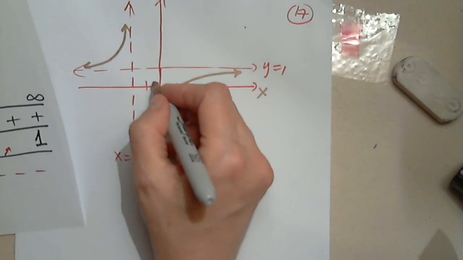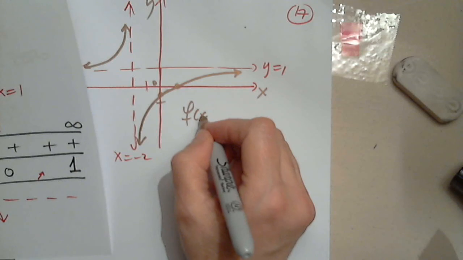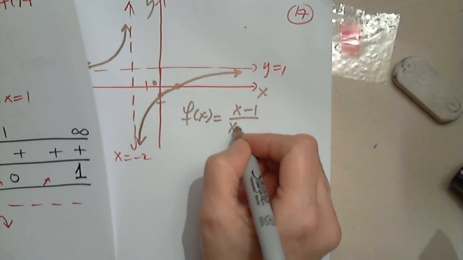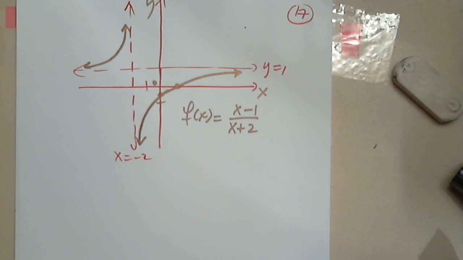Never changes concavity. So this is the function x minus 1 over x plus 2. Questions?